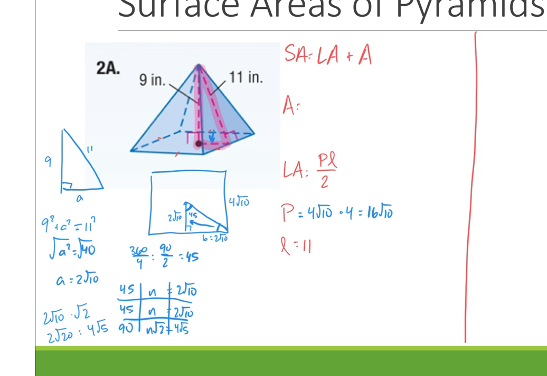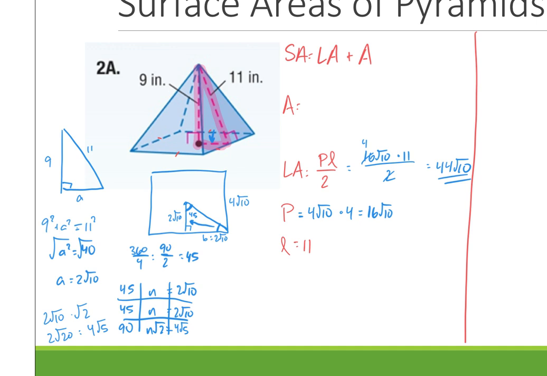And now I have enough pieces to solve for my lateral area. So I have 16 square root 10 times 11 divided by 2. The 16 and the 2 are going to simplify, and I have 44 square root 10 as my lateral area. Now I'm going to come up here and do the area of my base.